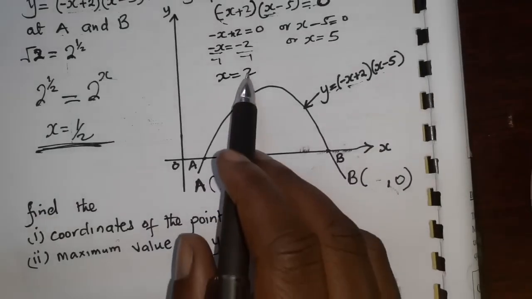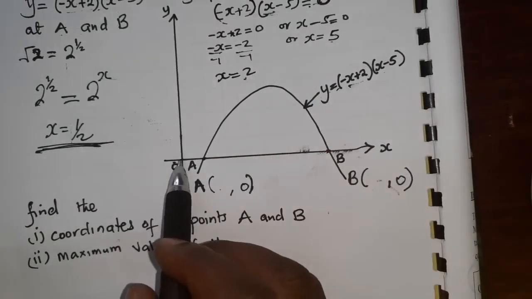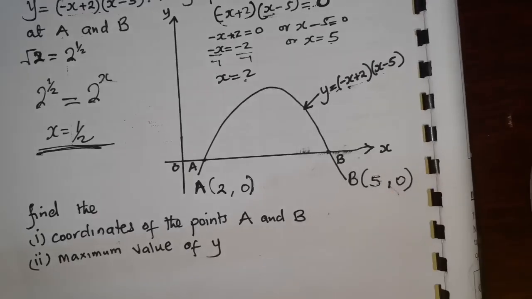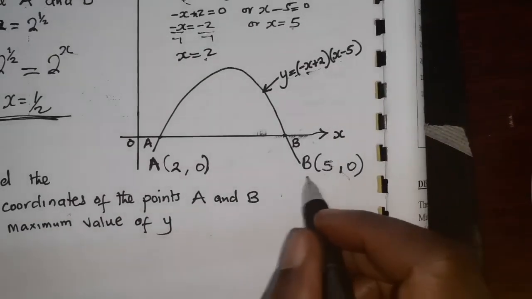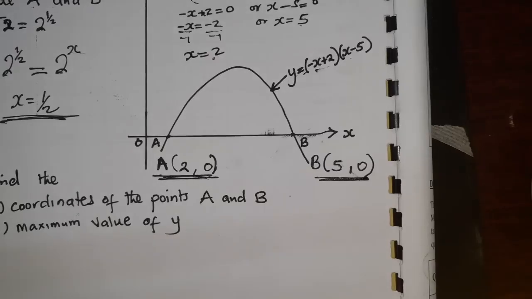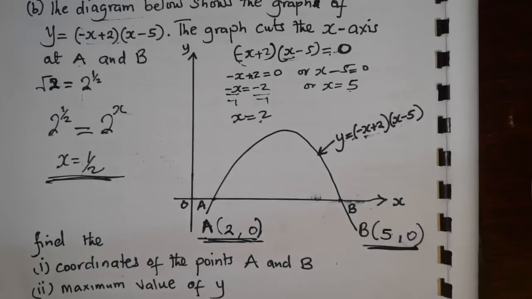Now, we have 2 and 5, but from 0 we start with 2 before we go to 5. So these are the coordinates of these 2 points. I hope that is clear.